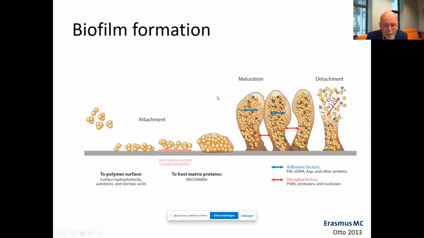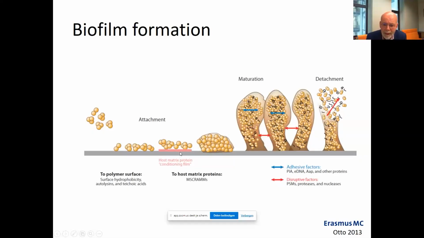When we talk about biofilms, I'm talking about planktonic bacteria that adhere to a surface. This can be either a polymer that we put in a person or natural surfaces.